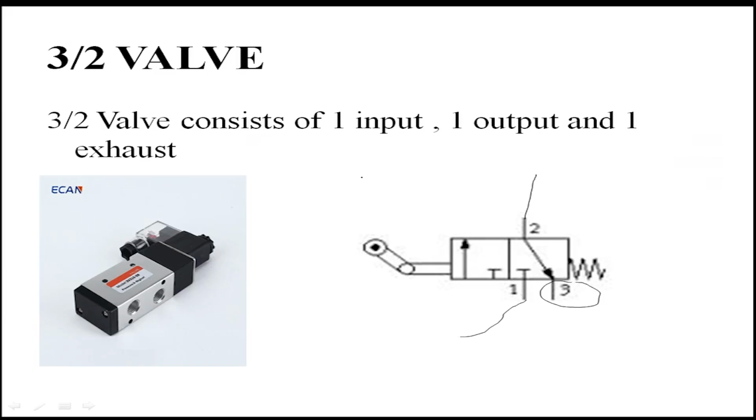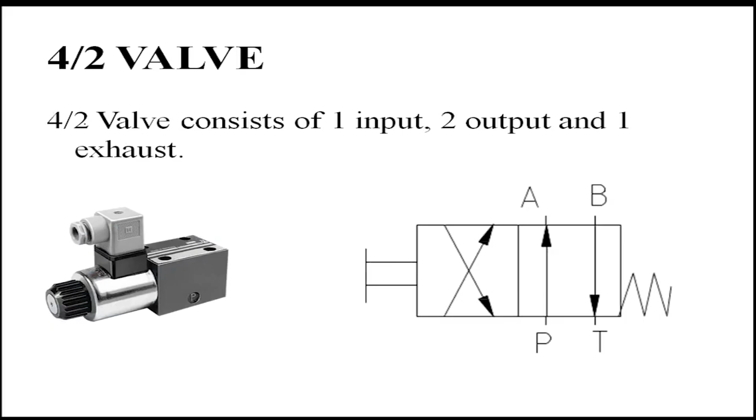And next, coming to 4x2 valves. 4x2 valve means it consists of one input, two output and one exhaust. Here we can see this P is used as an input and this A and B are outputs, and this T is an exhaust. That's why it is called as 4x2 valve. Here you can see the picture of that.